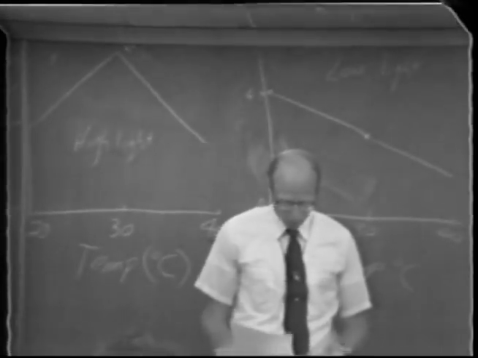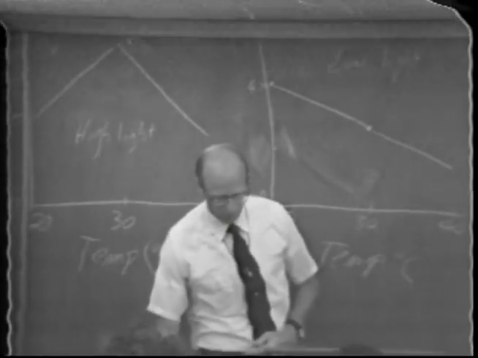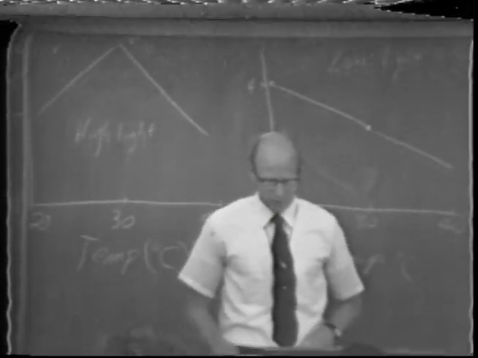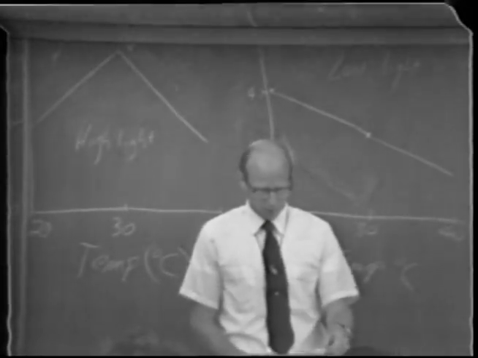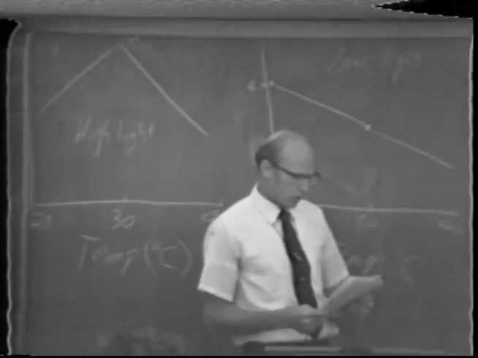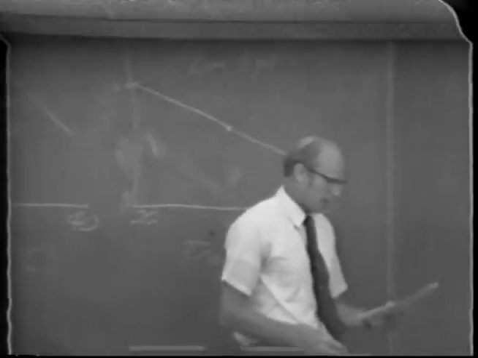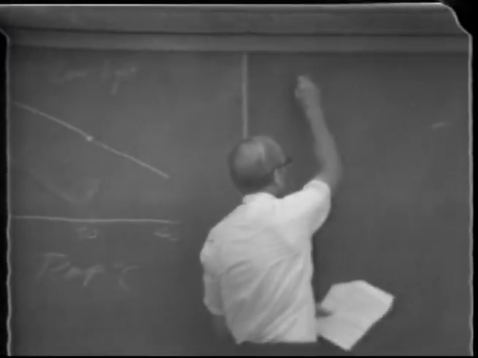Now let's go on and talk about some of the other factors affecting photosynthesis. Another factor that influences photosynthesis is, of course, soil moisture. And this probably can best be seen if you plot this curve on the board.